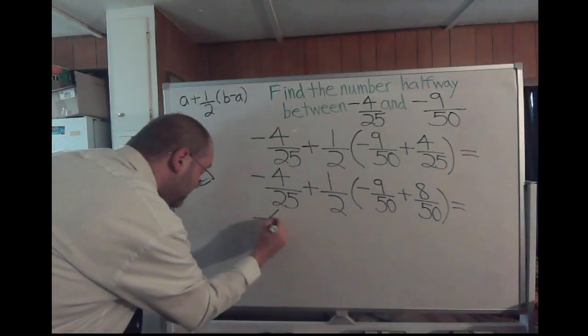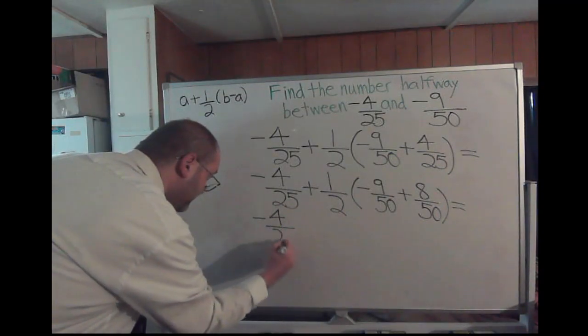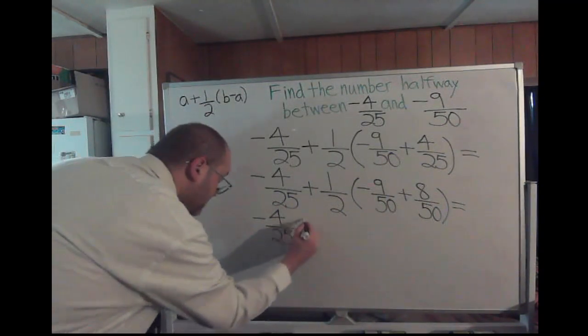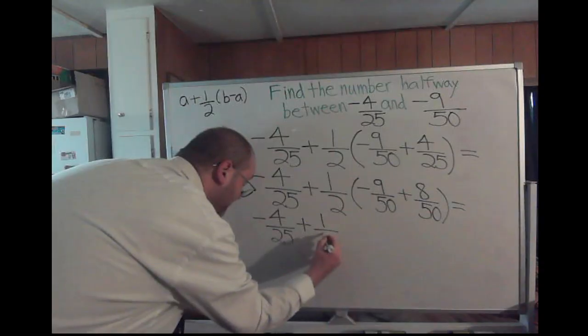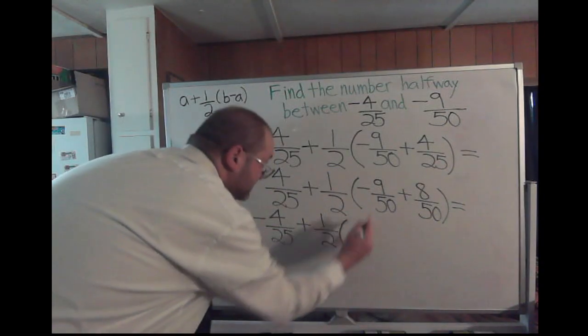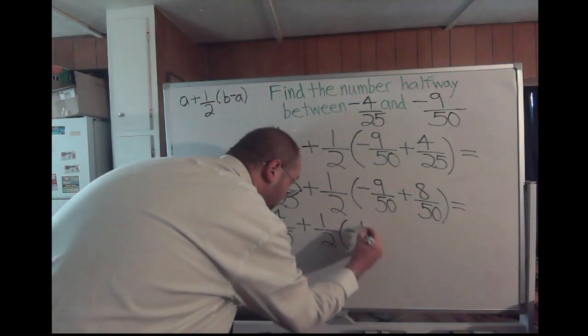So now this becomes negative 4/25 plus 1/2 times negative 9 plus 8, that's negative 1.